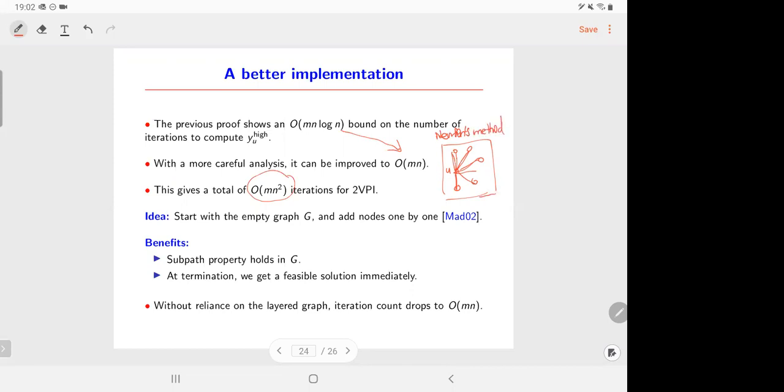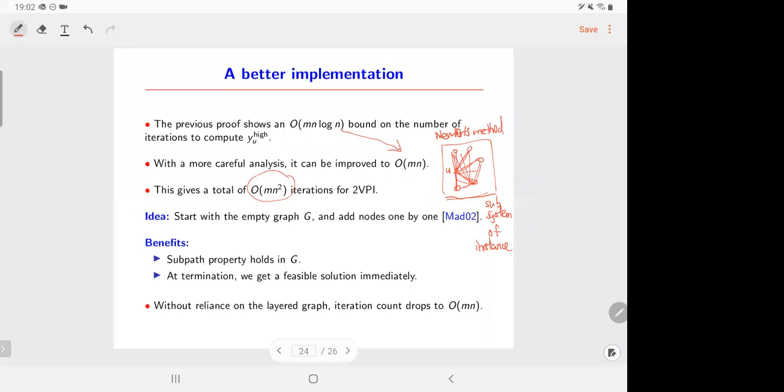You can think of this subgraph as a subsystem of our 2VPI instance, so we are solving for y_u high in a smaller subsystem. Once we've done that, we repeat the procedure: we add edges adjacent to another node, and then we compute y_v high for this new node v.